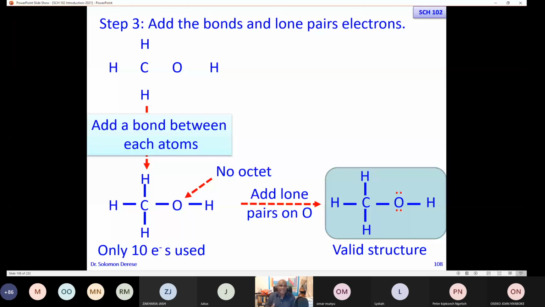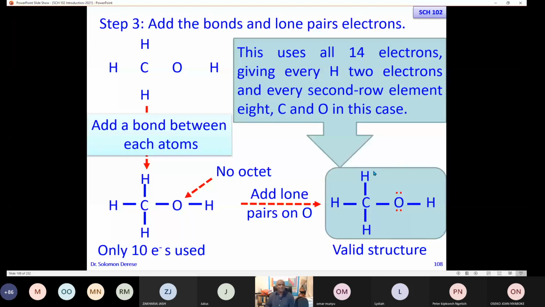All 14 valence electrons of the 4 hydrogens, the 1 carbon and the oxygen are used when this molecule is formed. So this is a valid Lewis structure. It will answer all the 3 questions I outlined. So this molecule uses all the 14 electrons, giving every hydrogen atom 2 electrons.